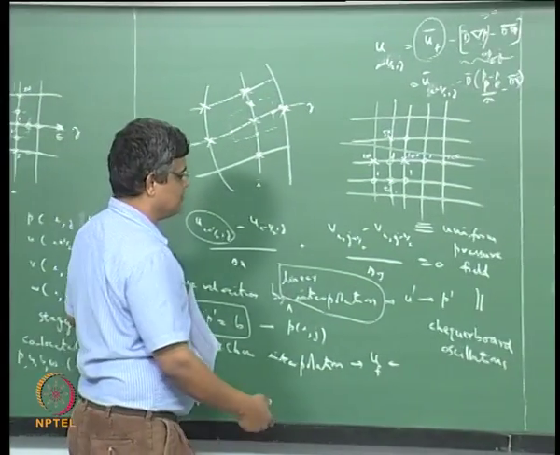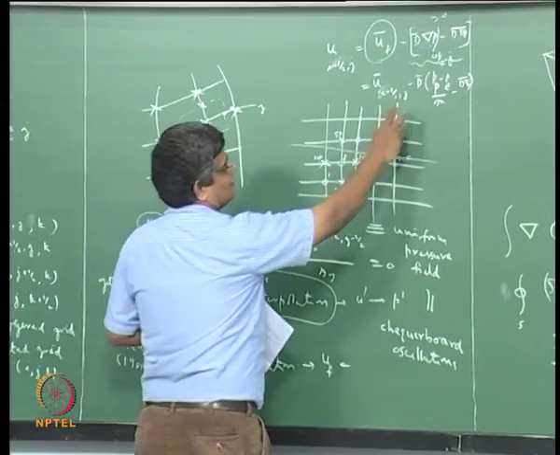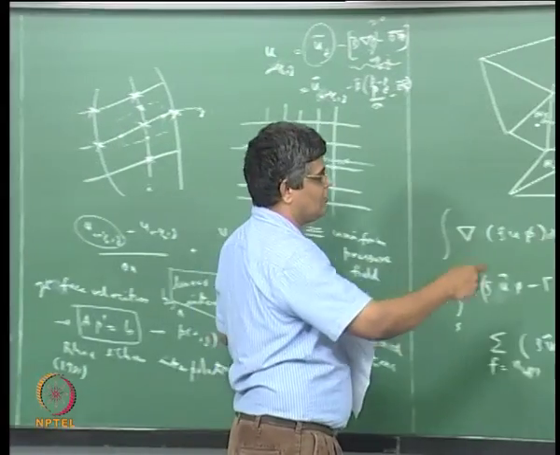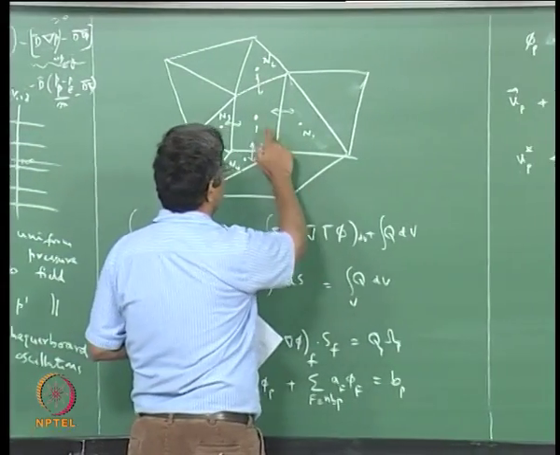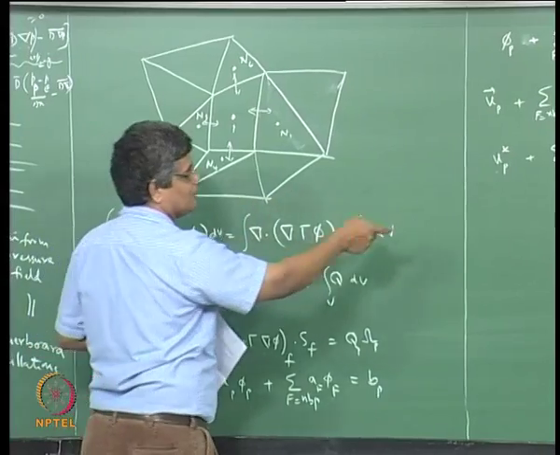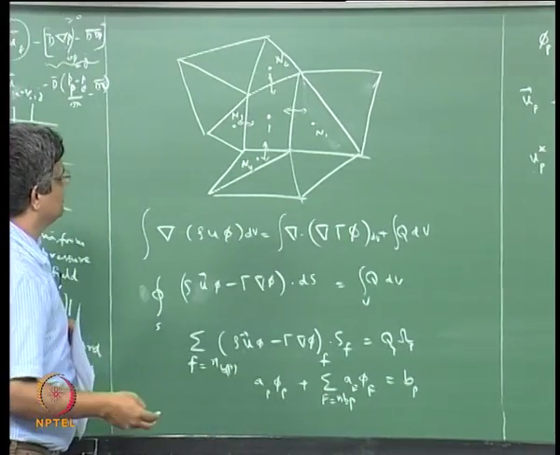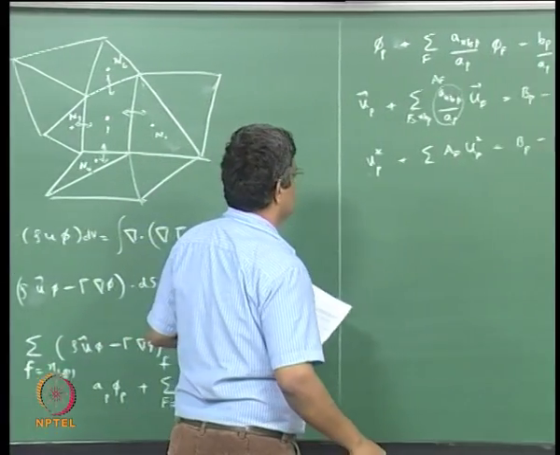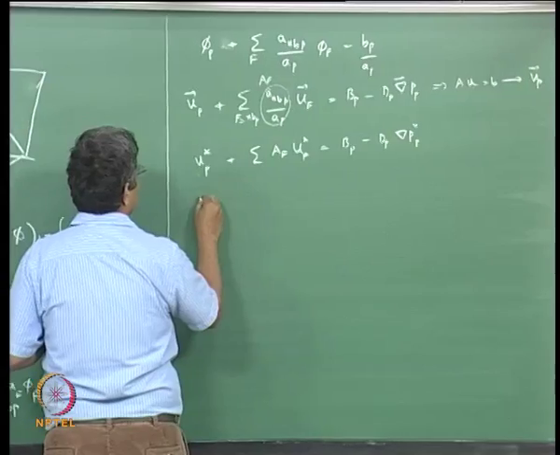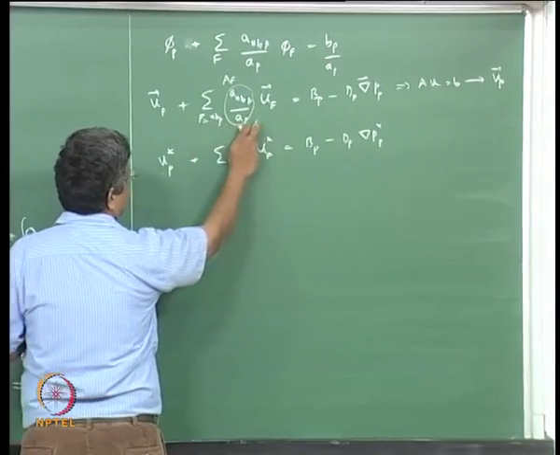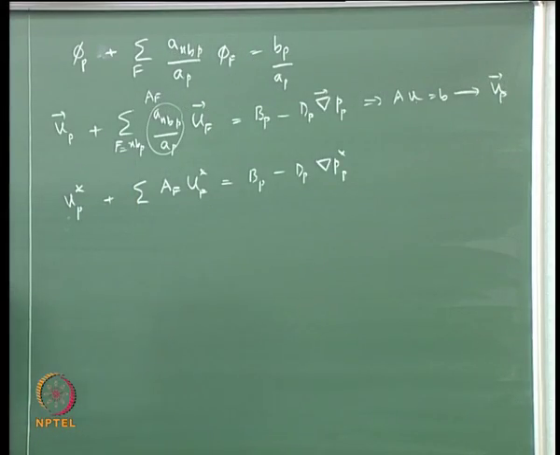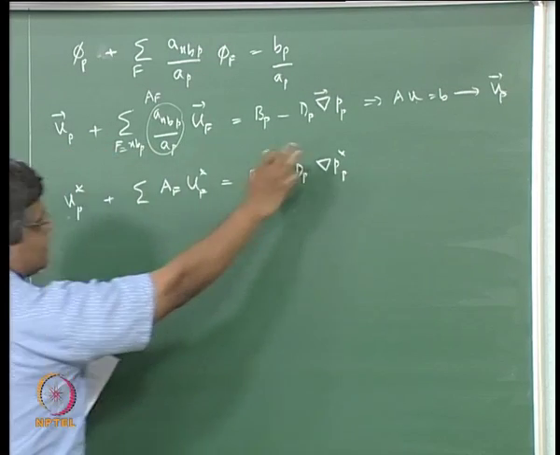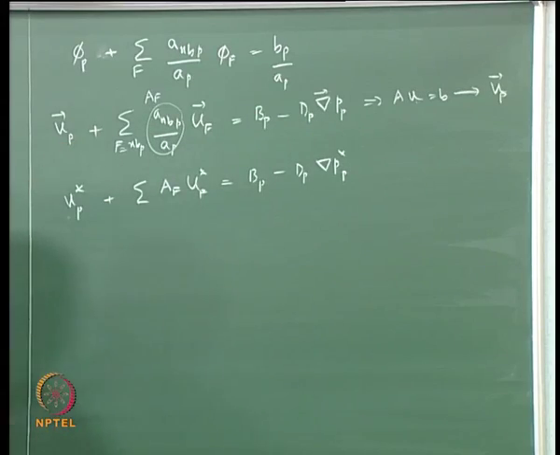So we'd like to implement a similar kind of Rhie-Chow correction onto this unstructured mesh, so as to come up with the interpolation scheme for the face velocities. Like in the previous case, we know that this is the correct expression, that is the final velocity field with the correct pressure field will satisfy this discretized equation.